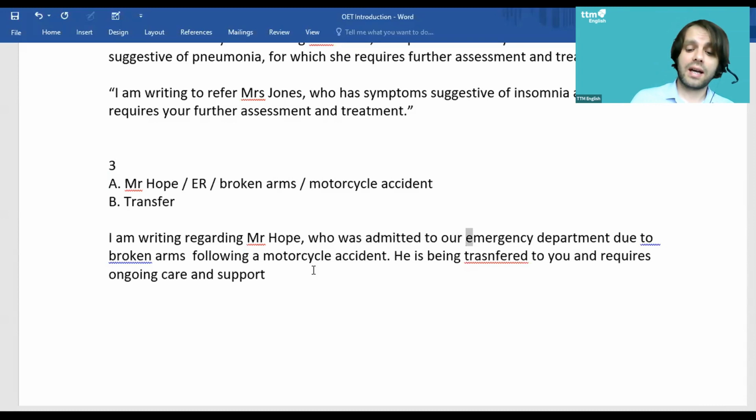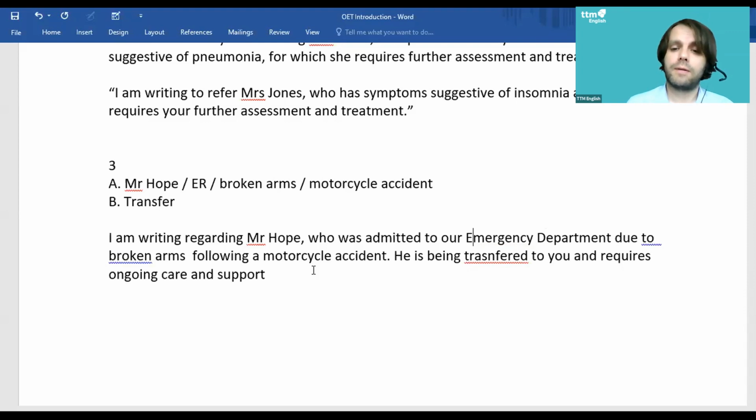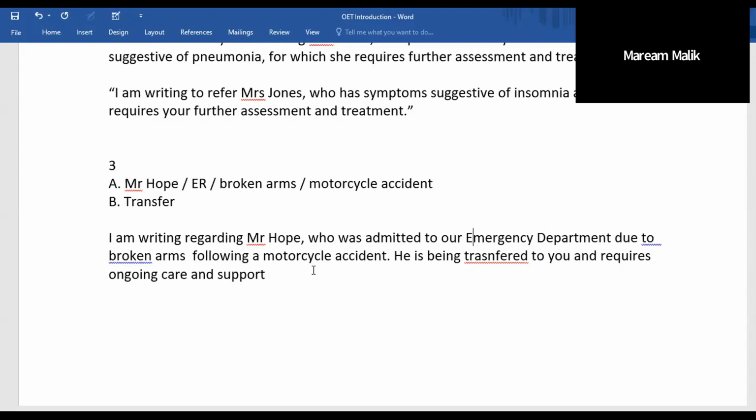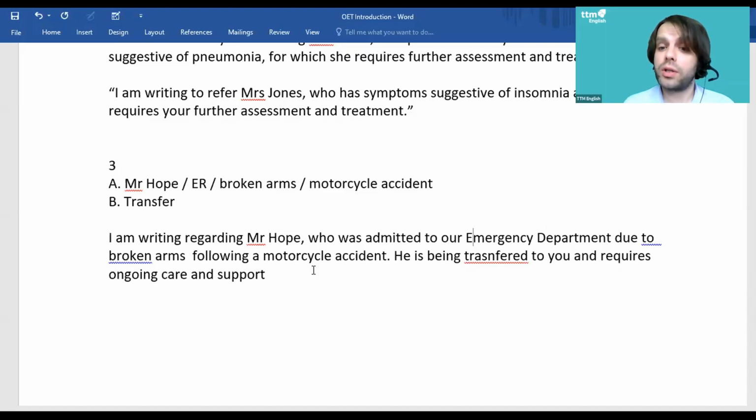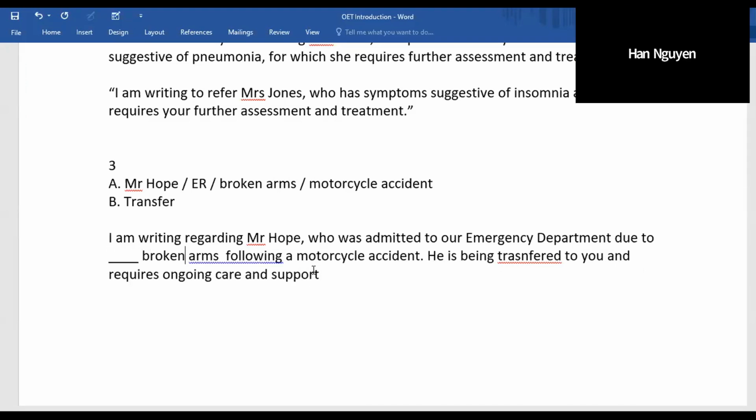What do I need here, guys? Capital. Anyone know why? Yes, because it's part of the hospital. It's the name of a department. Usually it's called the emergency department. Okay. Due to broken arms. Now, many of you are saying broken arms. That's okay, but in English, what would we say here? His.